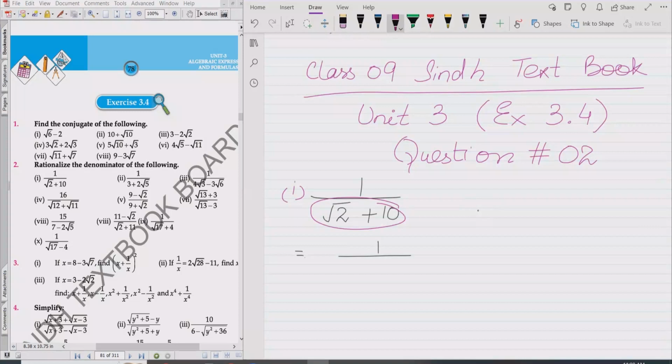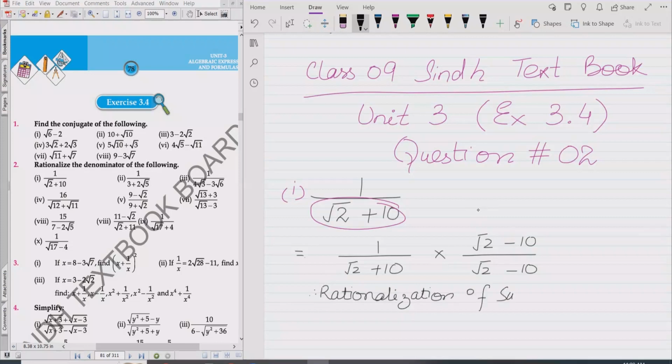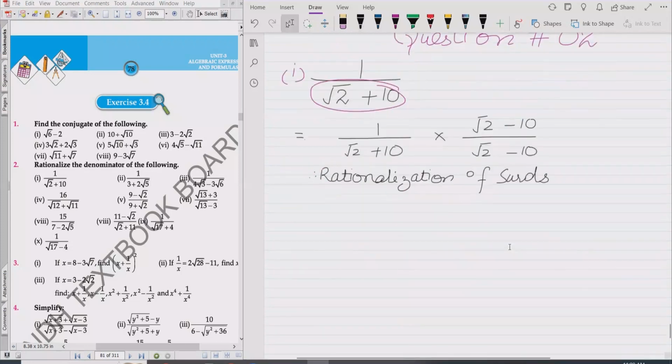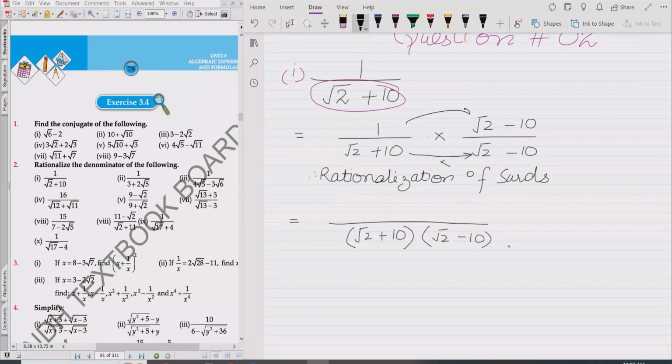So we multiply root 2 plus 10 by root 2 minus 10, and the numerator by root 2 minus 10. This is called rationalization of surds. Because of the multiplication sign, we multiply this term and this term, so in the numerator we have root 2 minus 10.